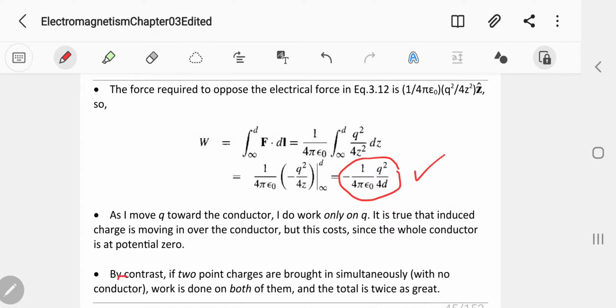By contrast, if two point charges are brought in simultaneously with no conductor, work is done on both of them and the total is twice as great.